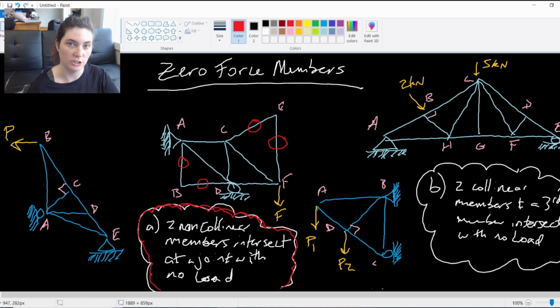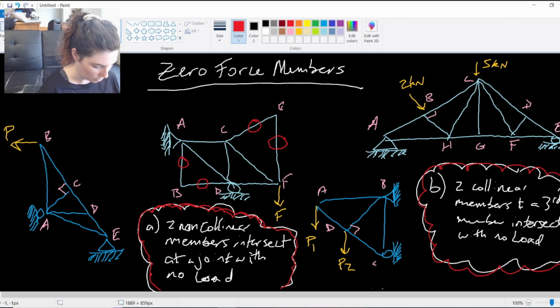The other condition is condition B over here, which is two collinear members, so two members that fall along the same line, and a third member tries to intersect them, and there's no load at that joint. An example would be this truss over here at the far left.